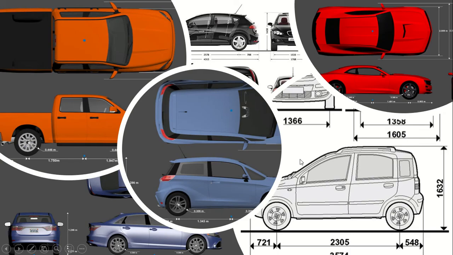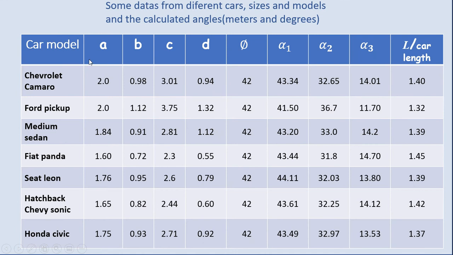So I tested a few cars, with data taken from pages and MathWorks, just to show the experimental calculations. I get this table, with data from different cars, sizes and models, and the calculated angles.